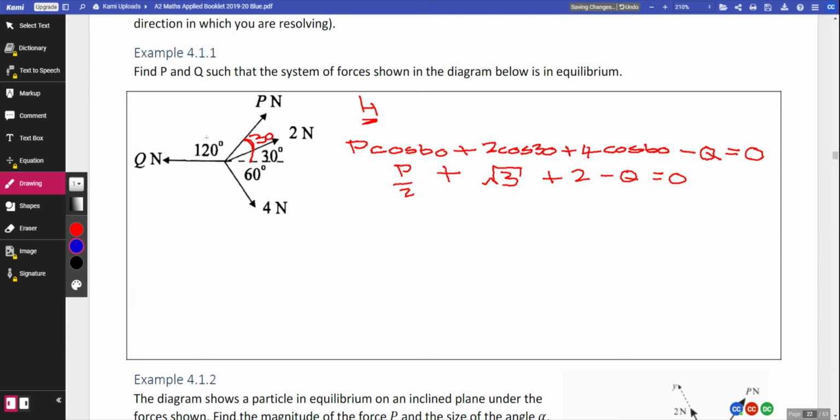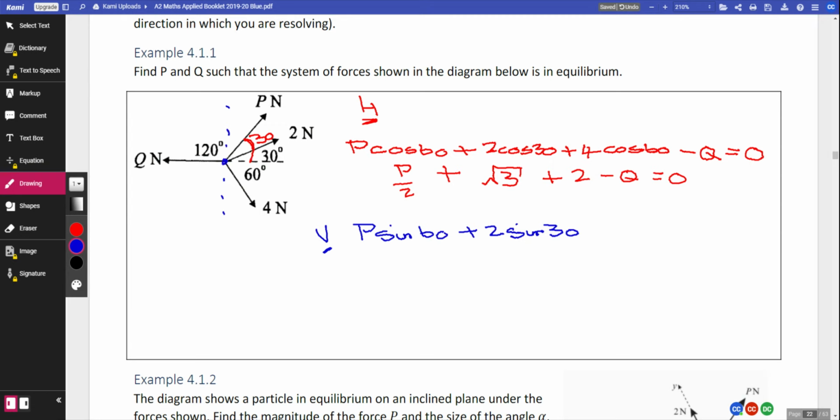Doing exactly the same, looking in this direction, so vertically we've got P sine 60 plus 2 sine 30. 4 is acting in the opposite direction, so these two are both acting upwards.